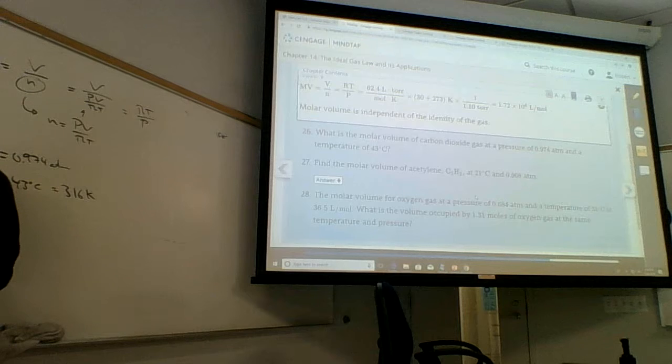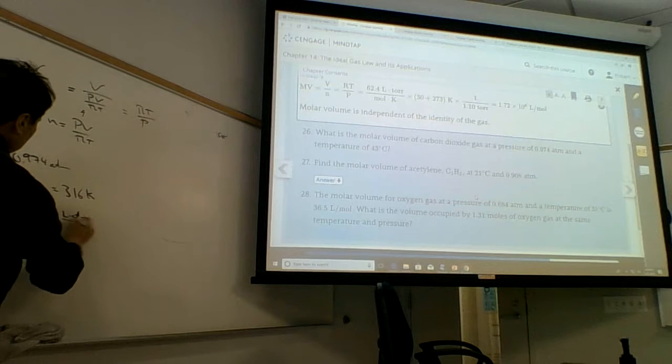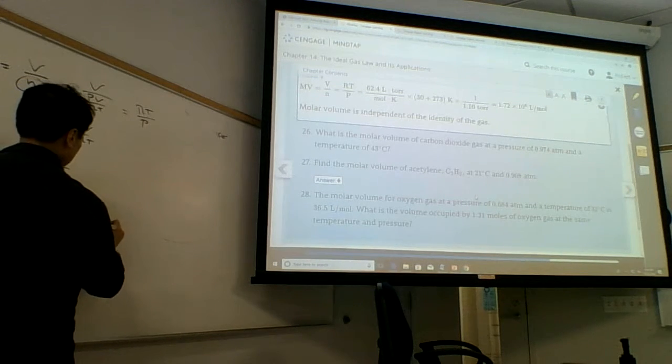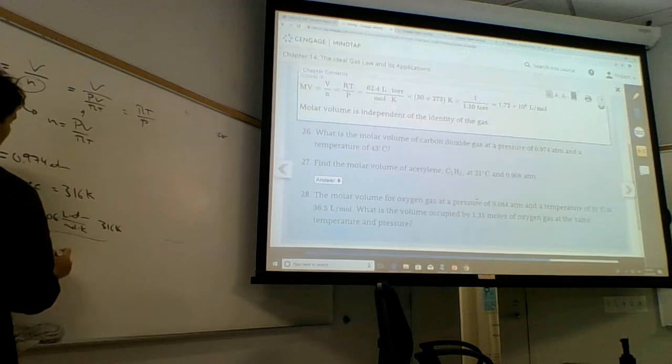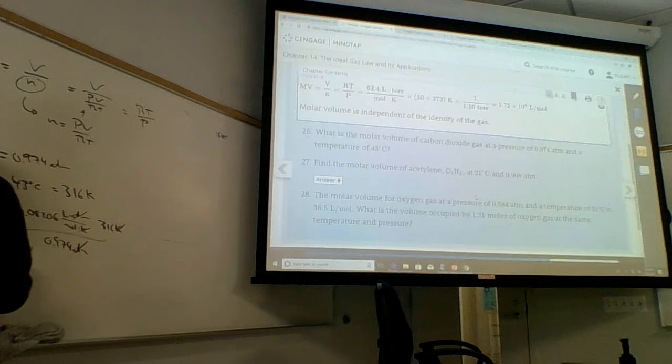So the molar volume is equal to R, 0.08206 liters times atmosphere per mole Kelvin, times T, 316 Kelvin, divided by P, 0.974 atmospheres. Atmospheres cancel, Kelvins cancel, that leaves us with liters per mole.